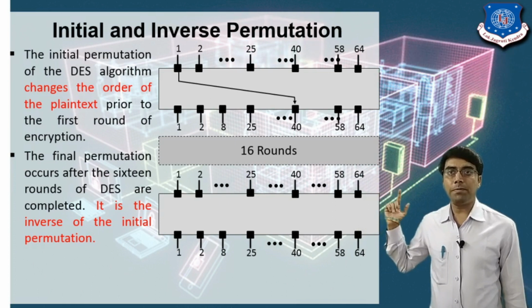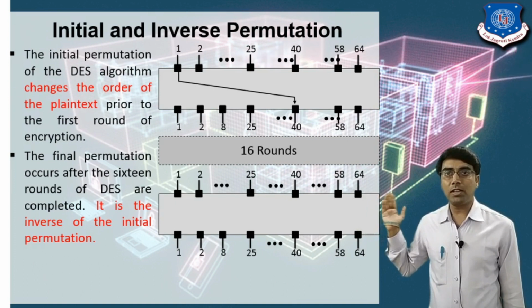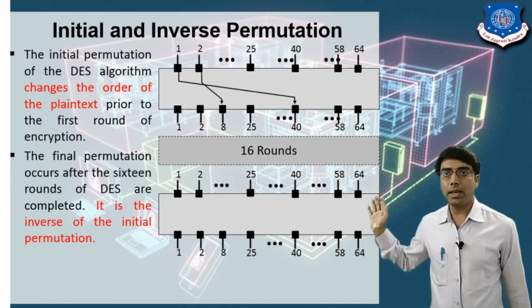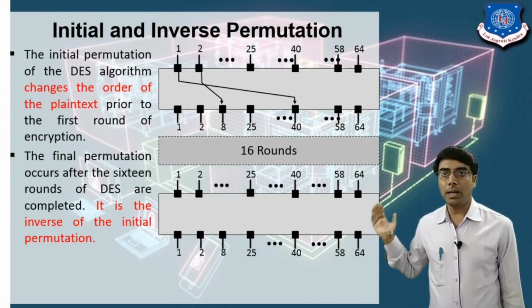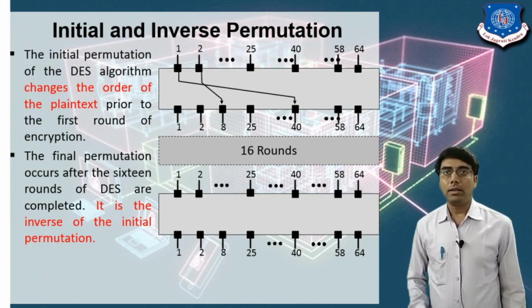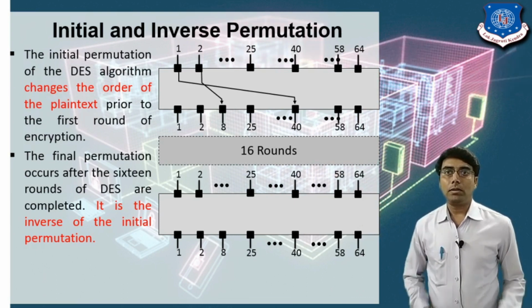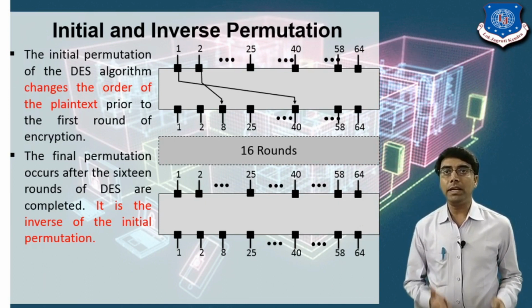The position of the first bit of the first block will be replaced by the 40th bit of the original plain text. Same, the second bit position of the plain text is replaced by the 8th bit of the original plain text.